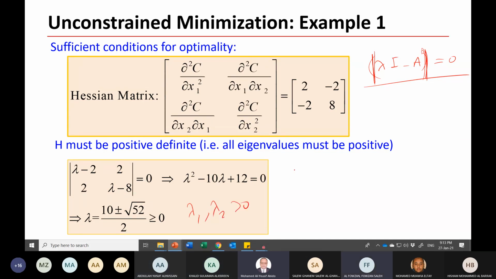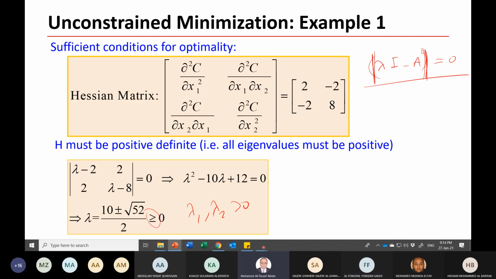Okay. Yes, Fauzan? I couldn't hear you well. Can you repeat? Can I now say that lambda is only greater than 0 instead of saying greater than or equal? Yes. Lambda 1 is greater than 0, lambda 2 is greater than 0.